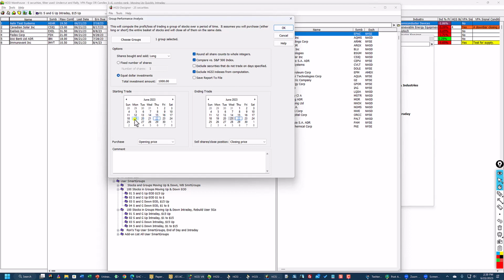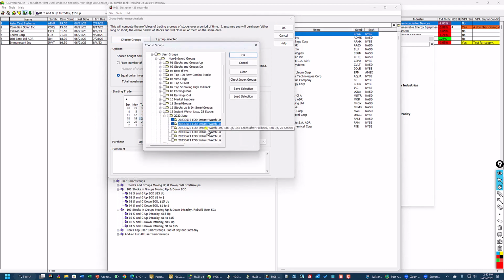So the opening price right here, you select opening price from the 19th, which is Monday, but we didn't have to do the 20th because Monday was a holiday, wasn't it? So there's only 2 days, opening price and then the closing price on the 21st. After today, you could move it to the 22nd. But I'm going to choose my groups. I'm going to run both of them at the same time.